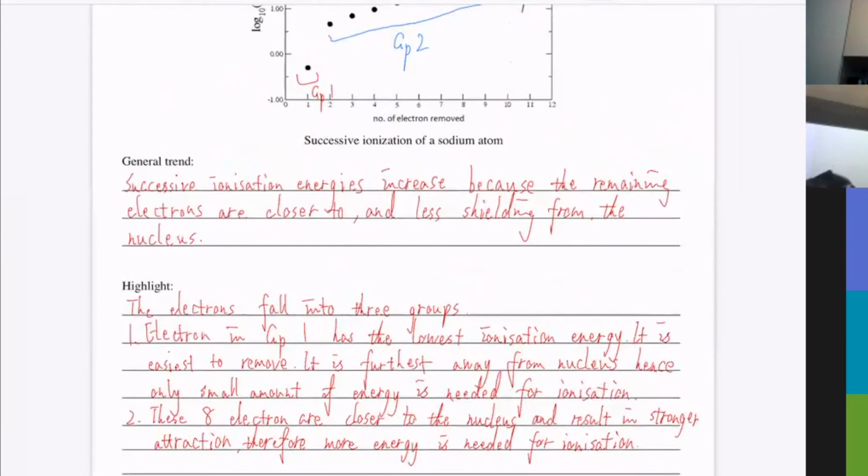So that's the evidence for an atom having different electron shells. In the IFY syllabus, they use another term to describe this. They call those electron shells different energy levels.